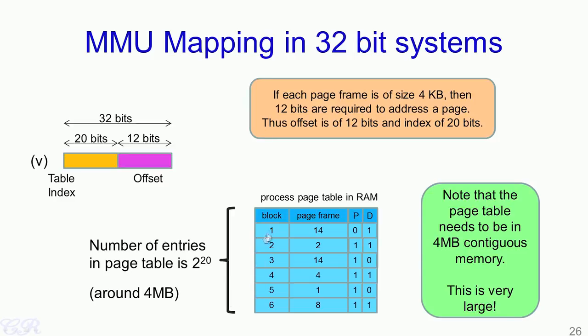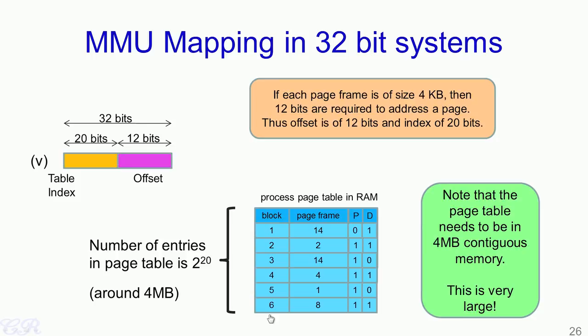Now, assuming that each entry is of 4 bytes, then the entire size of this page table is 4 megabytes, and what essentially is required is that this page table has to be contiguous. That is, we need to have these 4 MB of process page table in contiguous memory locations.